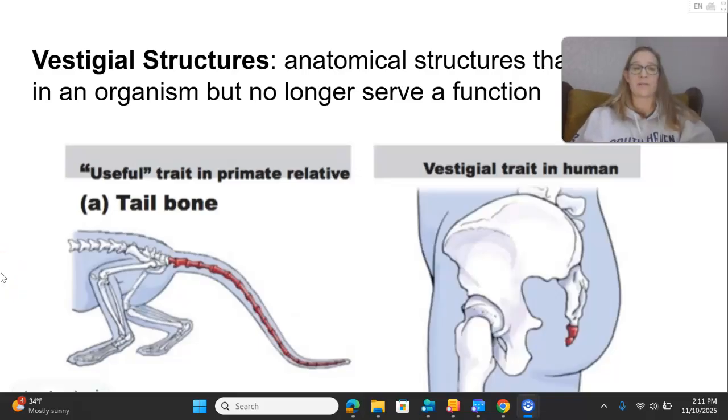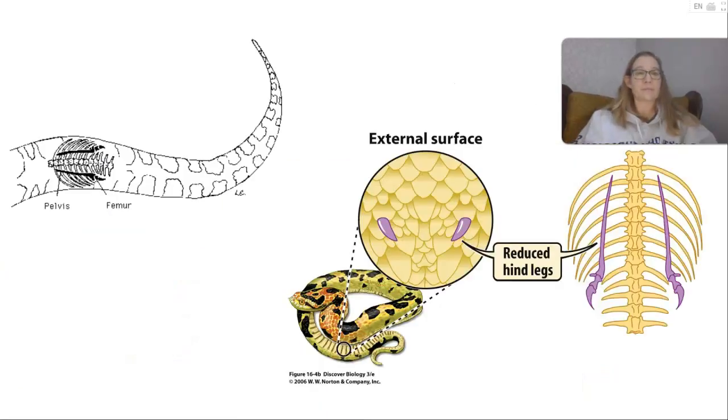So that is what we call a vestigial structure. So something that still exists in an organism, but it no longer serves that function. It's just kind of left over. It's not harming anything. It's not helping anything. It's just still there. So here's another example of a vestigial structure.